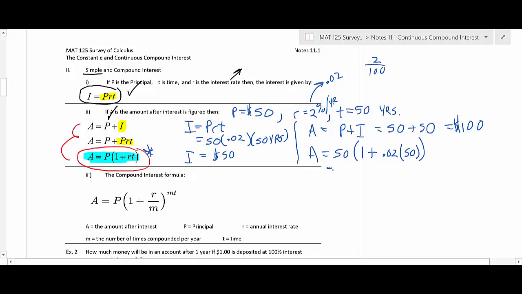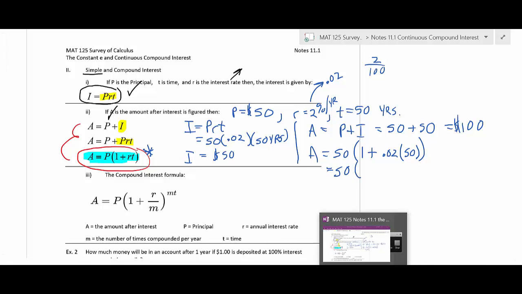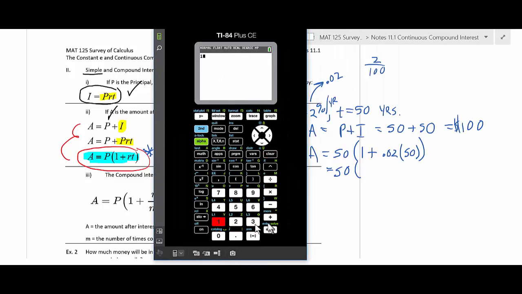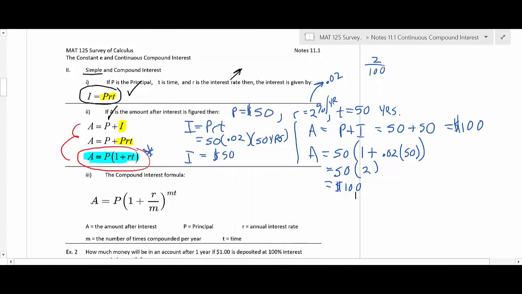So when I go to my calculator and do what's in the parentheses, I would do 1 plus 0.02 times 50, and that's going to give 2, and then 50 times 2 is going to give $100. So that formula works out. The most common thing that you see a lot of times in textbooks is this formula for the amount after interest if you have simple interest. But you can do it either way. It doesn't make any difference. Does everybody follow what I did on that?